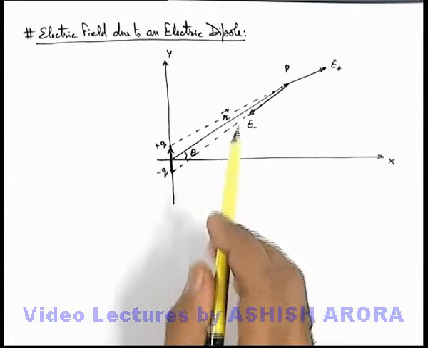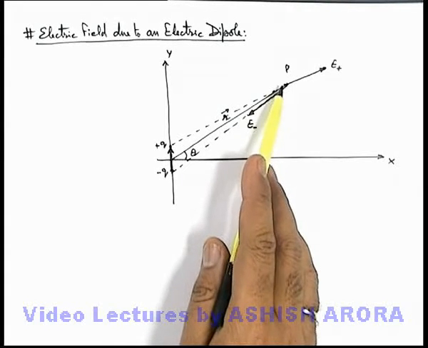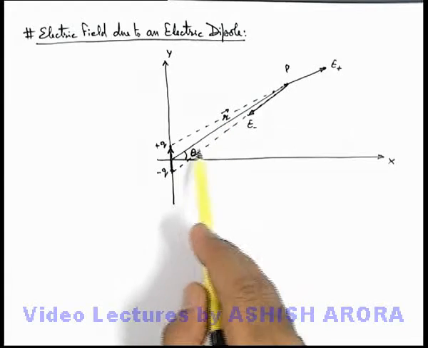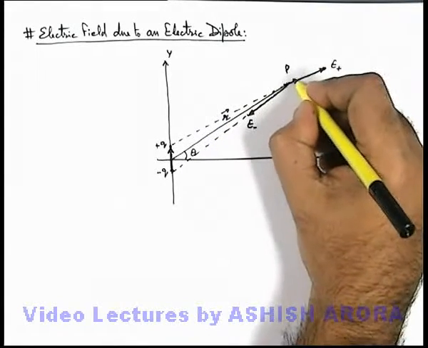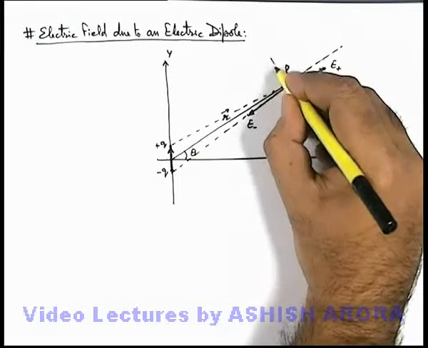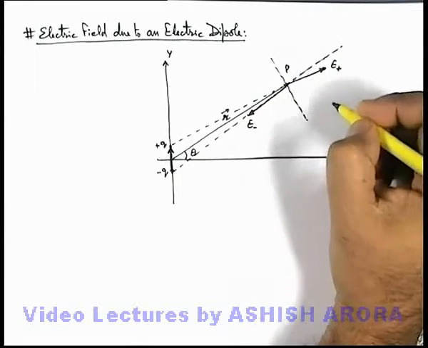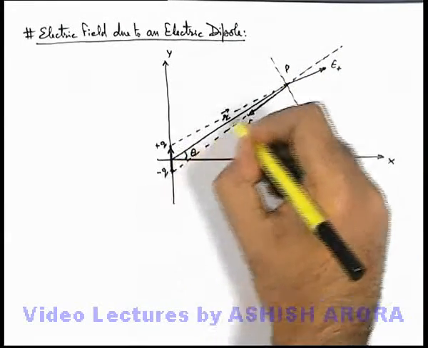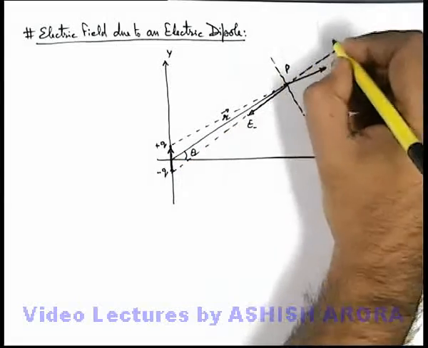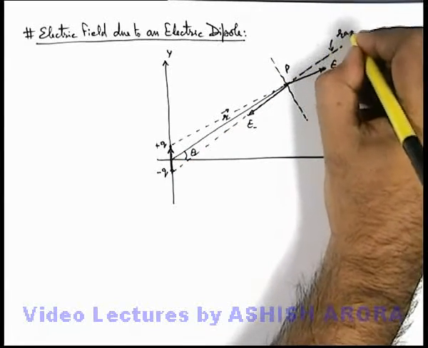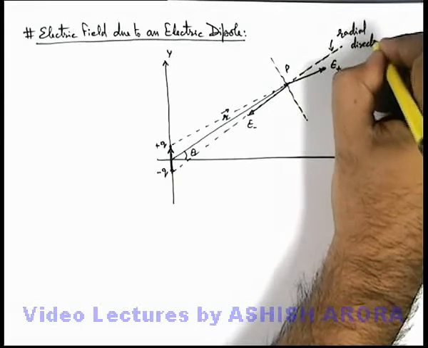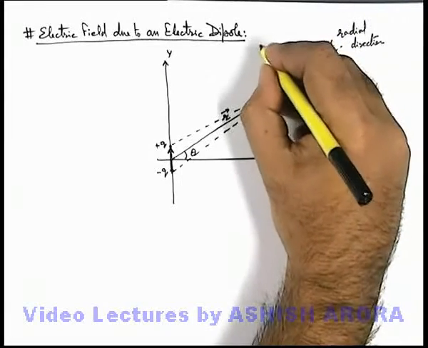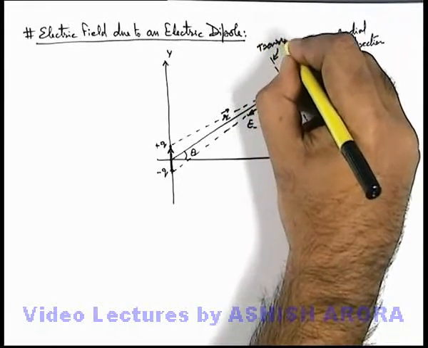And as we are taking the position coordinate of P in polar form, that is r and theta, here we resolve these electric fields along the radial direction as well as the transverse direction. The direction of the position vector of the point with respect to the origin we call the radial direction, and the direction perpendicular to it we call the transverse direction.